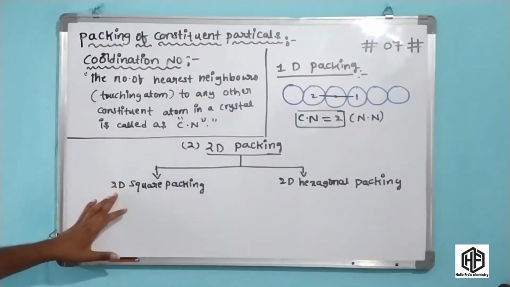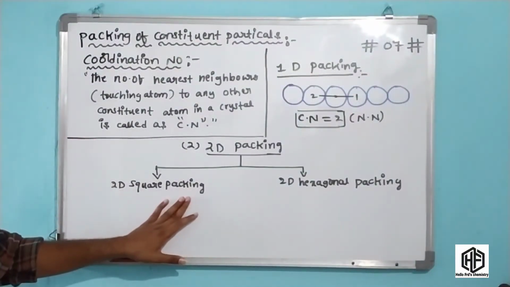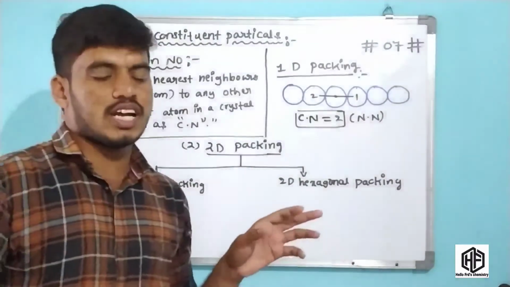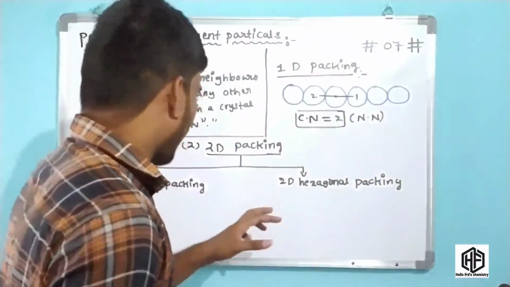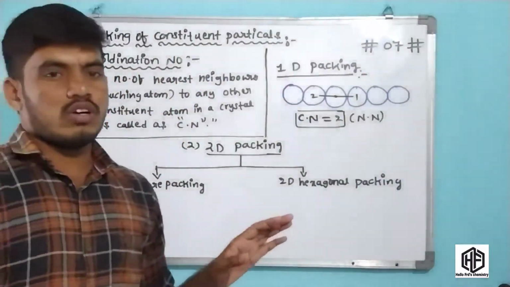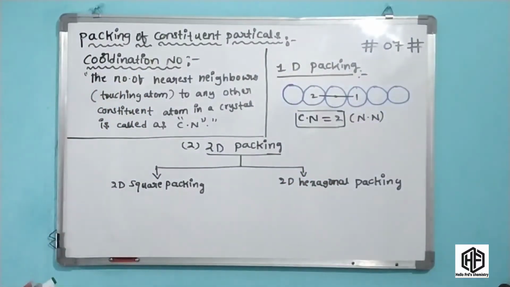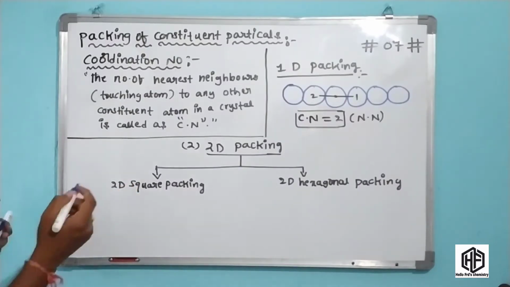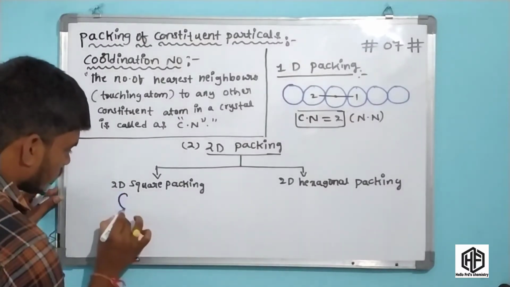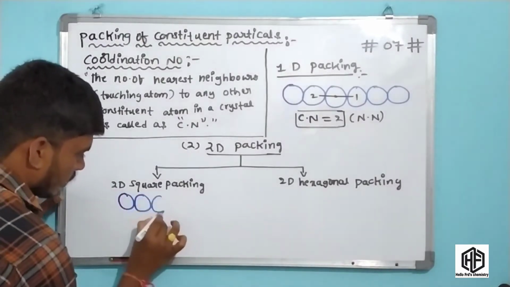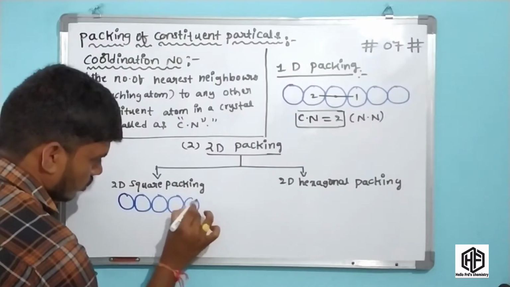Friends, in two-dimensional square packing, the constituent particles are arranged in two directions, the x direction and the y direction. Now consider the two-dimensional square packing, with constituent particles like this. The constituent particles are represented by this color, arranged in the x direction.